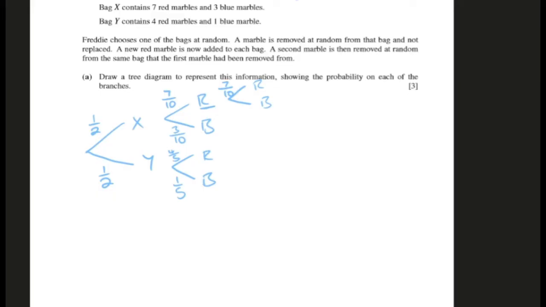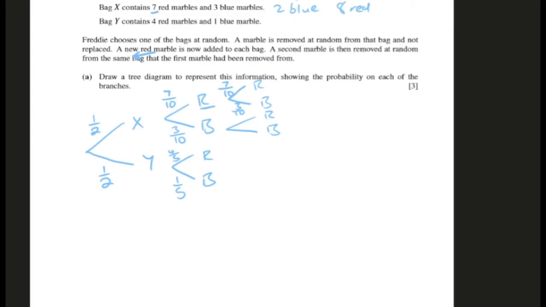So it's still 7 out of 10 here, and this is 3 out of 10. If we pick a blue marble, there are 2 blue marbles that remain, and they added a red marble, so it's now 8 red instead of 7. So we have 8 over 10, and this is 2 over 10.